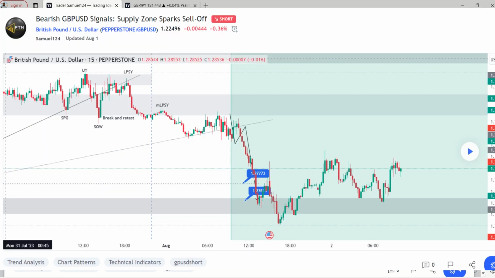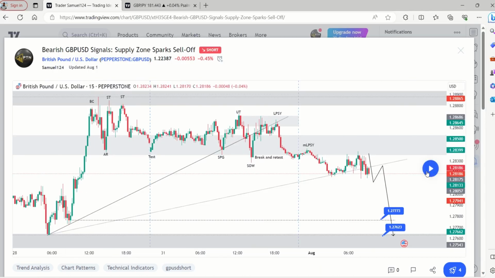Because we knew that the market still had more room to the downside, we predicted that the market was going to come down. I won't be able to go deep into what we look at behind the scenes, but this is on a 15-minute time frame. All right, so let's see how the market actually played out.